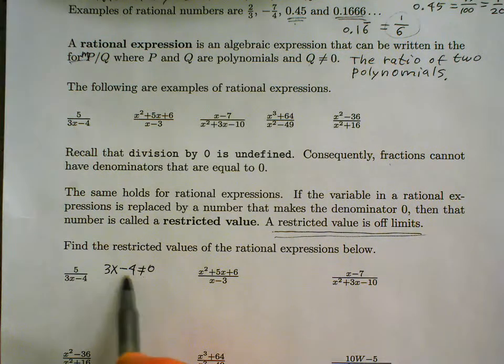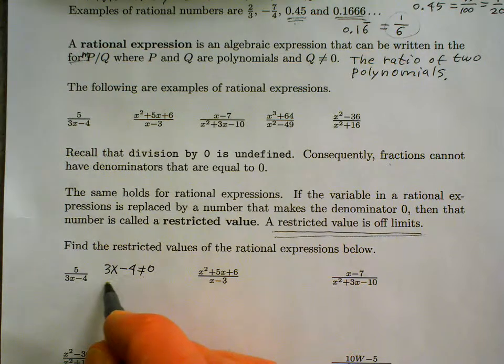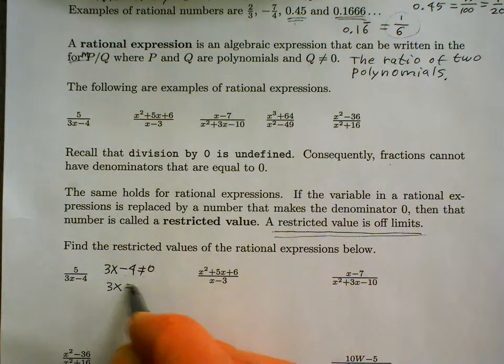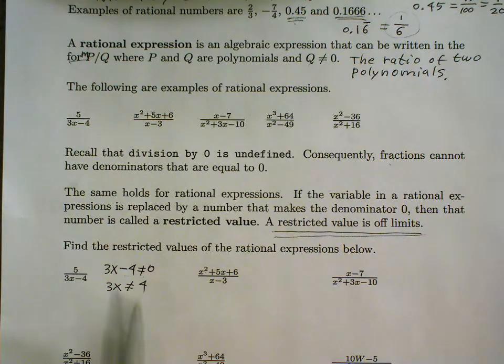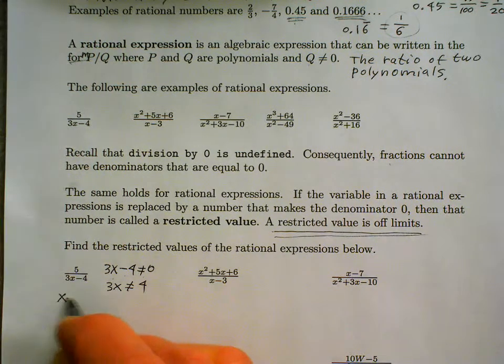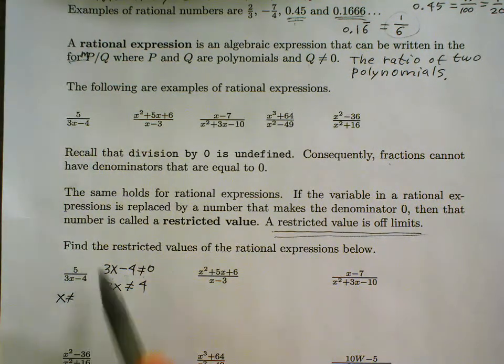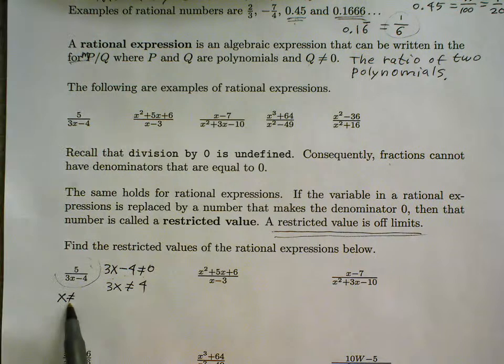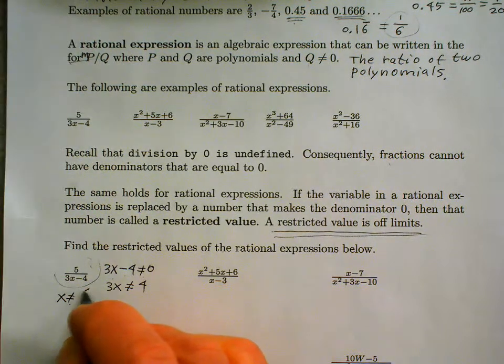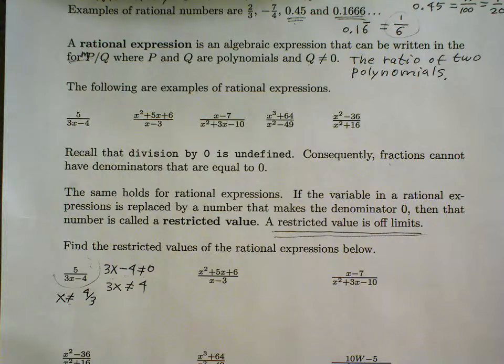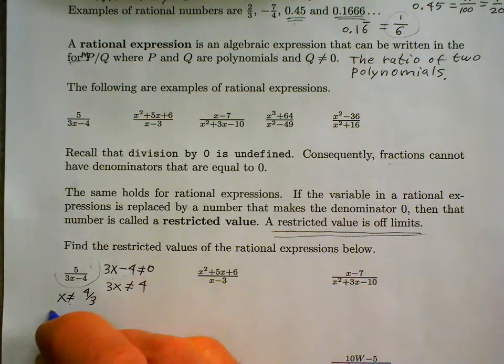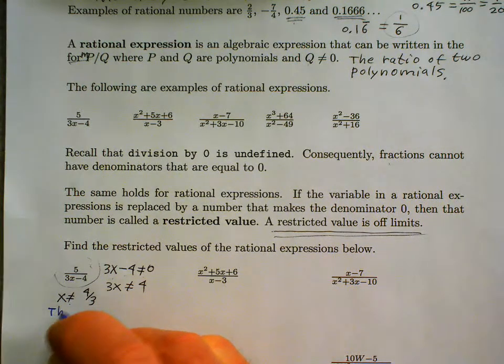If 3x minus 4 does not equal 0, then 3x does not equal 4. All we did was add 4 to both sides. And then divide both sides by 3. We're saying that for this rational expression, x is not permitted to be 4/3. Okay. So the restricted value is 4/3.